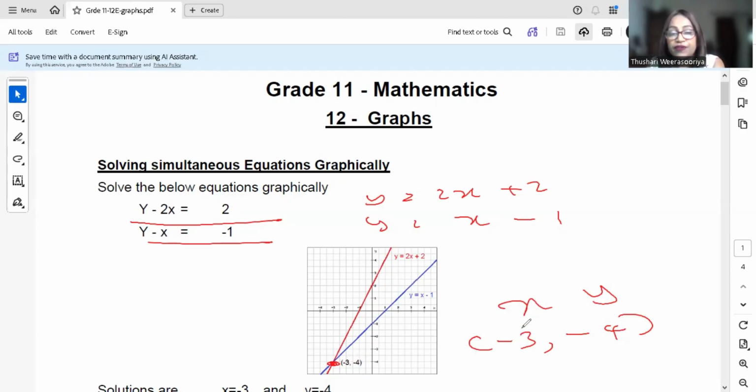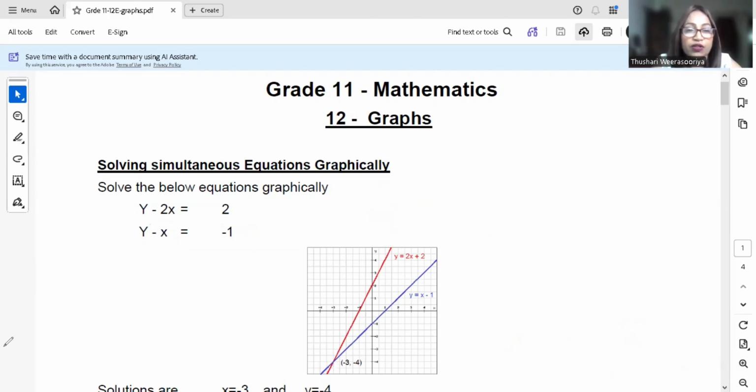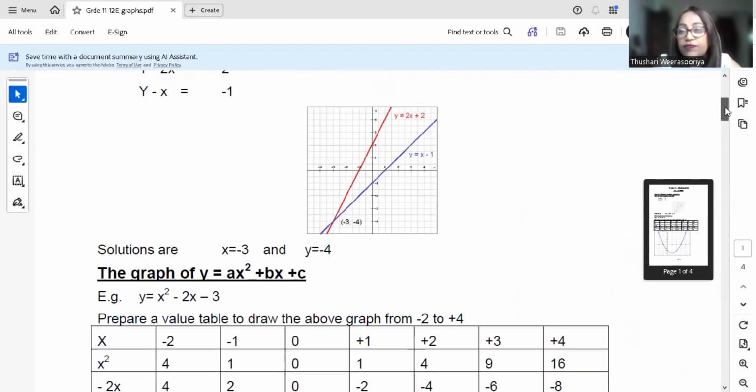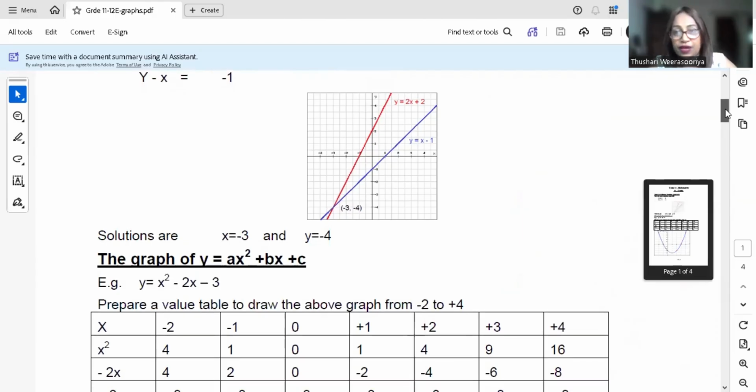That is, x value is minus 3, y value is minus 4. Then the solution of the simultaneous equations is x equals minus 3 and y equals minus 4. That is the first part of this lesson, how to solve simultaneous equations using graphs. We don't focus much on this part because that is not a good method, and most of the time you don't get it in the exam either.